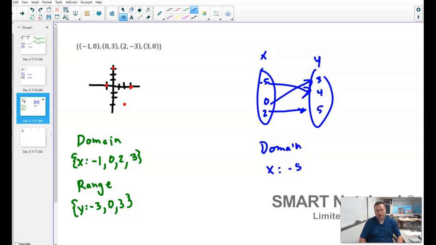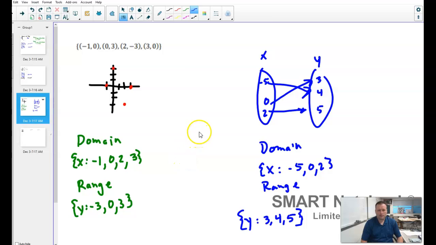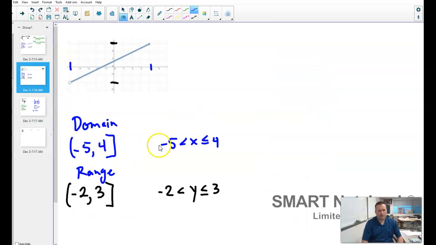This would just be -5, 0, and 2, because those are my x values. And then my range is just going to be my y values, which would be 3, 4, and 5. I just need to actually list them in nice set notation. So I have to use this notation for points or those types of things. When I have lines, though, I can use my interval notation like this.